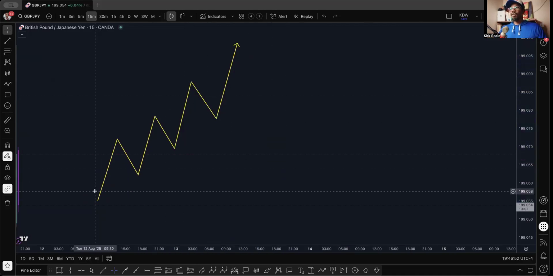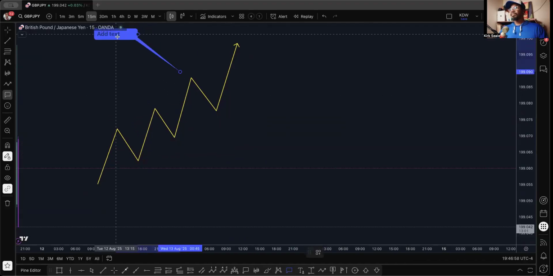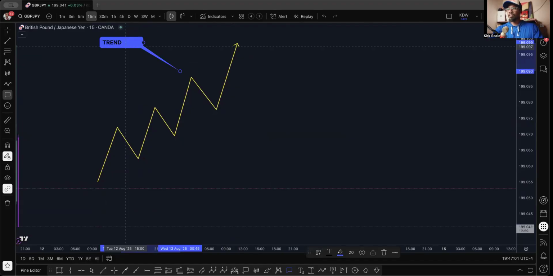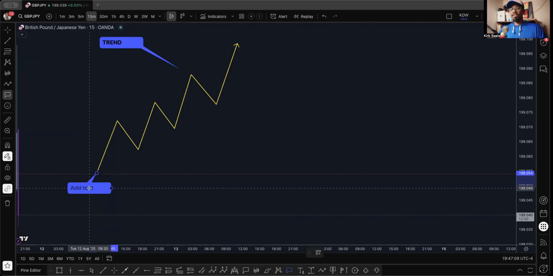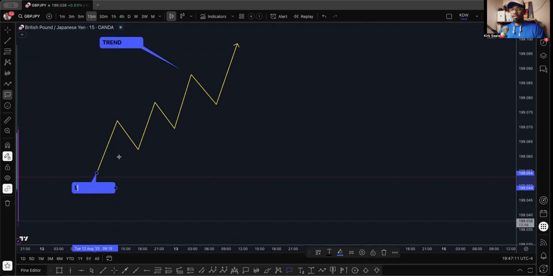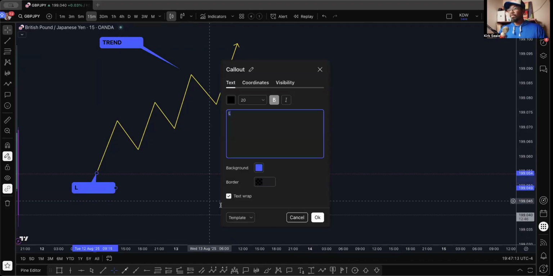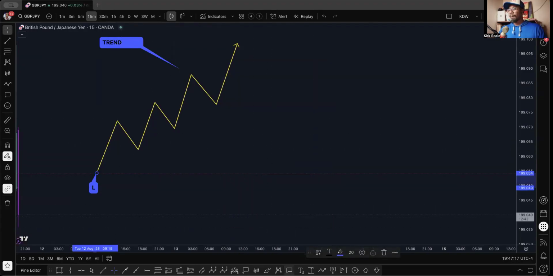All right. What I drew here, this is an uptrend. This is what we call a trend. This is a trend because it consists of a series of higher highs and higher lows. So this is going to be a low.